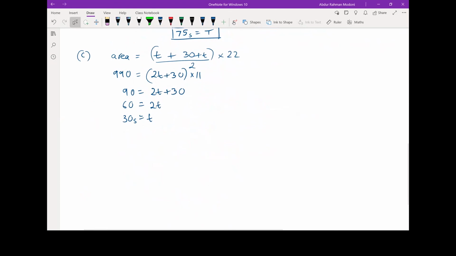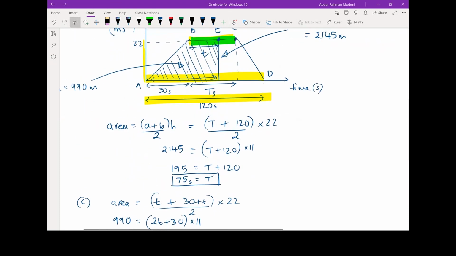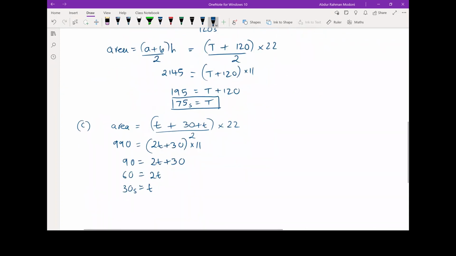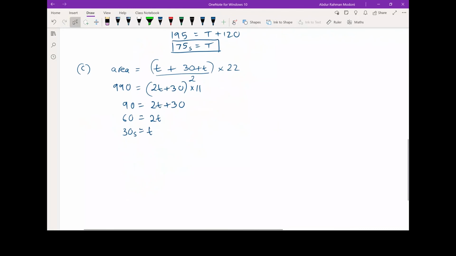So this t equals 30 seconds here, which we found is the time here. We already have 30 seconds prior to that here, so plus that 30 seconds, the total time it takes for the car to travel 990 meters is 60 seconds.